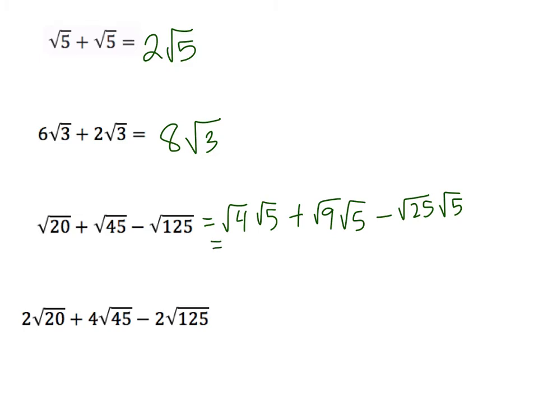Simplify it: square root of 4 is 2, plus square root of 9 becomes 3 root 5, and 25 becomes 5 root 5.